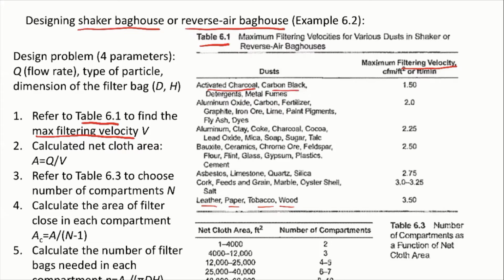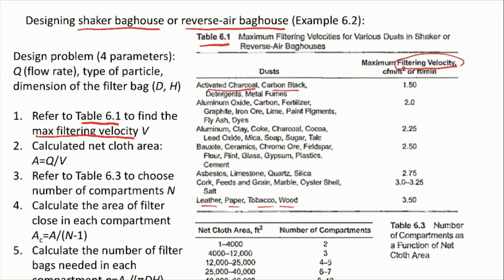If we're trying to filter very hard particles, hard solids, through the filter media, then the phase velocity or the filtering velocity should be lower because those particles are very sharp. They can easily cut open the filter media. But if we're talking about very soft particles, let's say paper or wood, then they don't necessarily need a very low filtering velocity. They're not going to do any damage to the filter media.